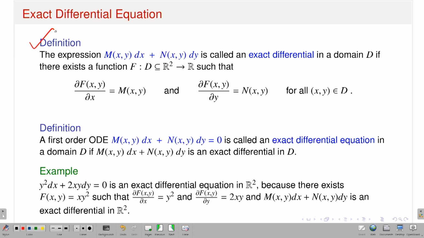Once I have the notion of total differential, then I can introduce the notion of what is called an exact differential equation or exact differential. So, what is an exact differential?